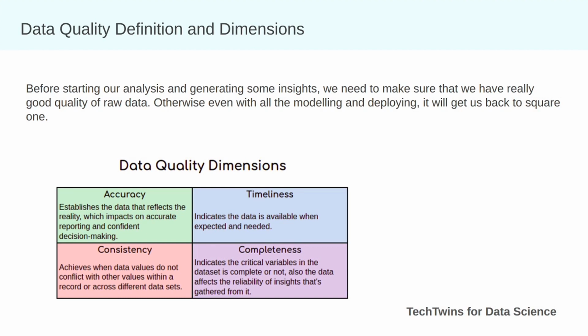Third, consistency, is achieved when data values don't conflict with other values within a record or across different datasets. Fourth, completeness, indicates whether the critical variables in the dataset are complete or not. Also, the data affects the reliability of insights gathered from it.